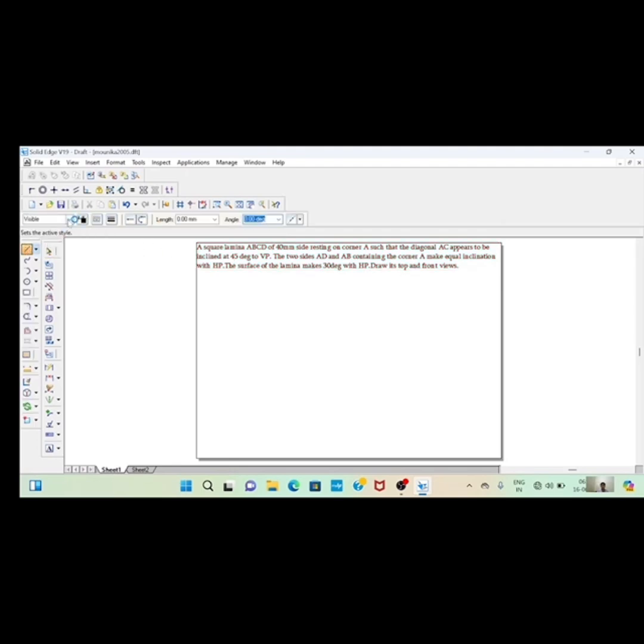Firstly, we should take a normal line, the XY line, and go to text box and mark the endpoints as X and Y. Above the XY line, it is called the vertical plane, and below the XY line, it is called the horizontal plane.